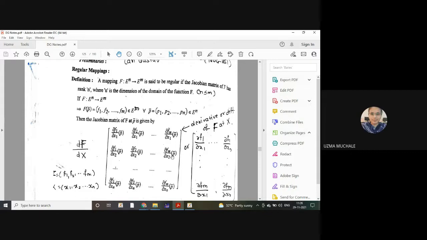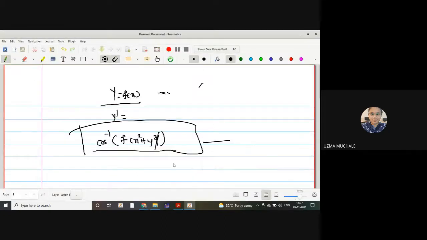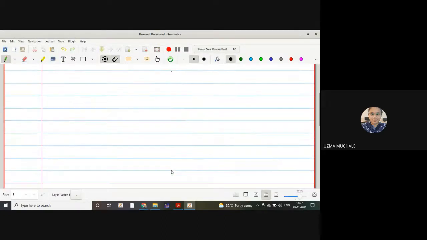Now here, the definition is: a matrix A is said to have a rank R if and only if it contains a non-zero determinant of order R and every determinant of order R plus 1 is 0.